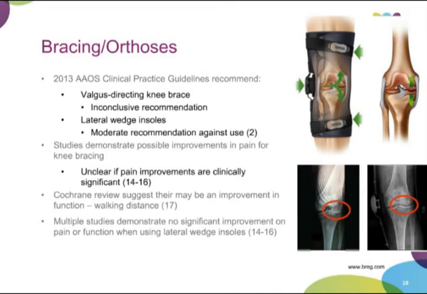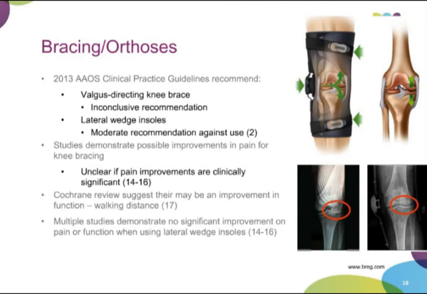Cochrane did a review on this as well, and they thought that there may be some benefit in walking distance for the knee brace, but once again, there was not enough evidence to strongly say that there was much improvement. So this would be used as an adjunct to your management for exercise.